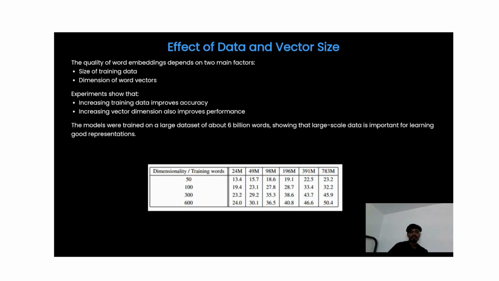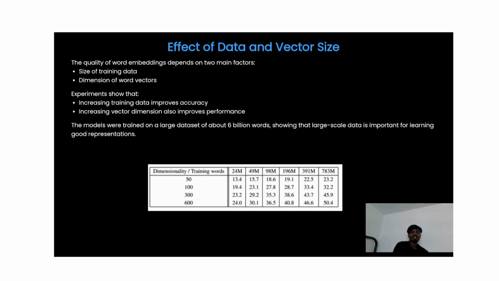So in this slide, the table shows the different types of relationships used for evaluation. There are two main categories: semantic relationships like country, capital, currency, or gender, and syntactic relationships like grammar changes such as tenses, plural, and adjectives. For example, Athens-Greece and Oslo-Norway represent capital relationships, and brother-sister shows a gender relationship.